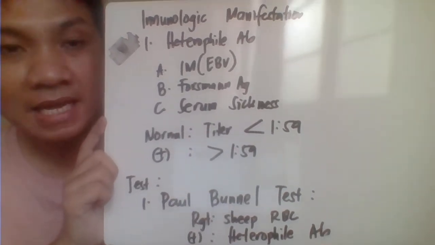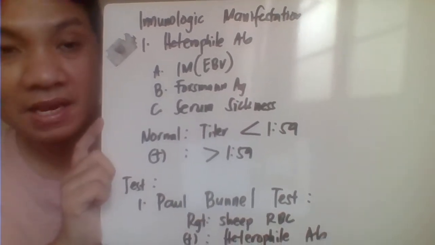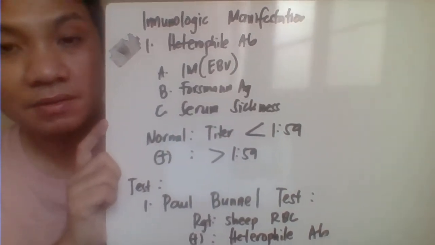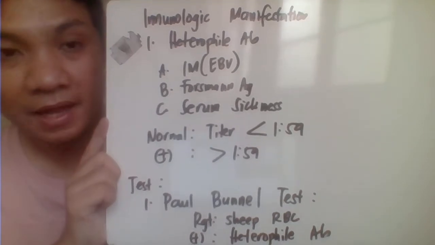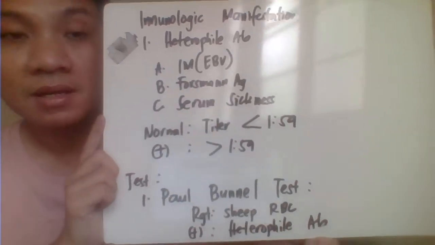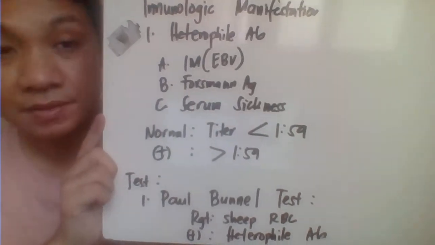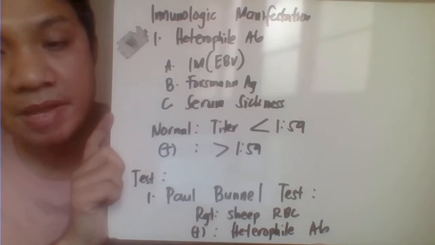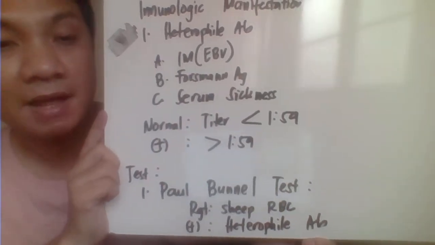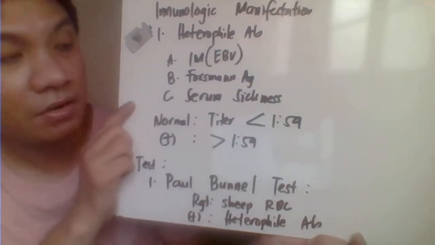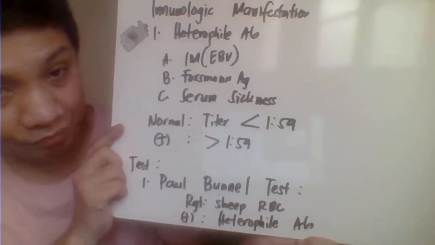Heterophile antibody could also be present in the normal population, only that the titer is less than 1 to 56. If your titer is more than 1 to 56, then it diagnoses that you are positive for Epstein-Barr virus. Heterophile antibody could be produced not only by Epstein-Barr virus, but also by Forssman antigen or even serum sickness.